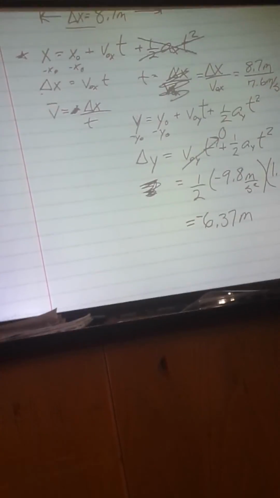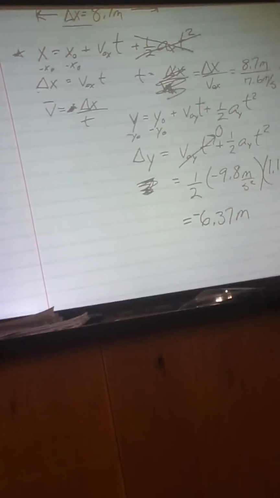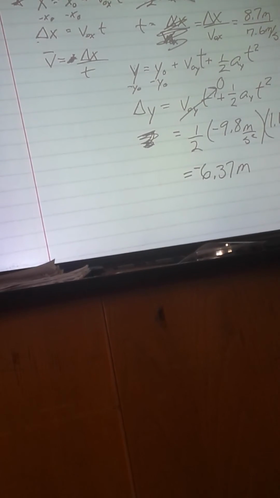It doesn't make sense to have a negative height, only negative displacement. So maybe the final answer from your equation should be the absolute value, for this case.